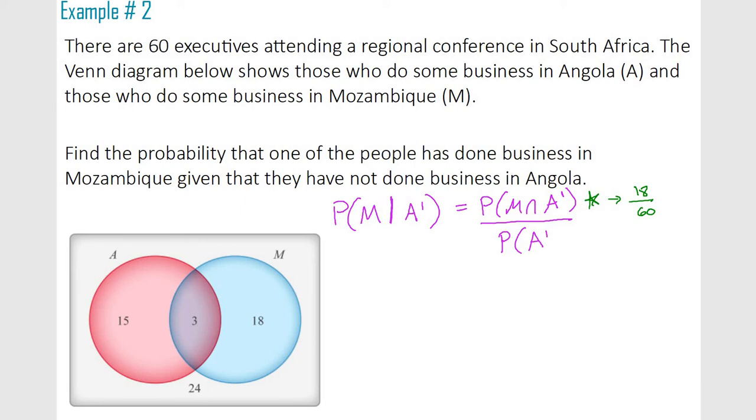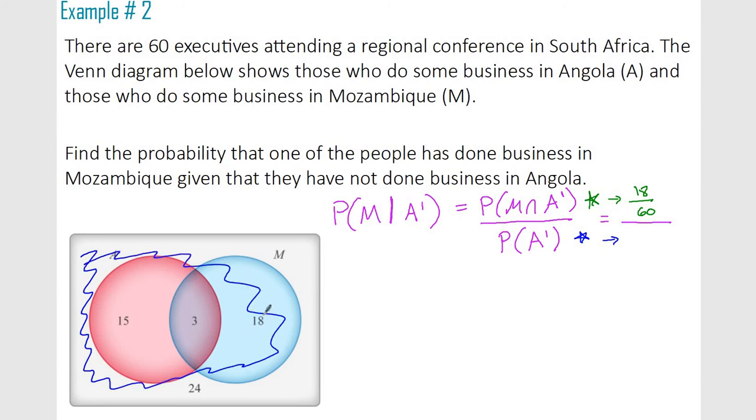Now for the denominator, I did not write that nicely. Didn't finish my parentheses there. So let's go back. So probability of not A, so everything outside of A, that's going to be this 18 here and this 24 there. So 18 plus 24 is 42. So this will be 42 out of 60.